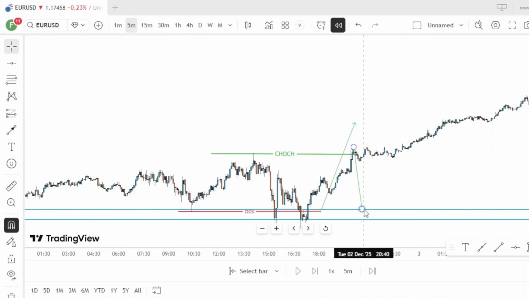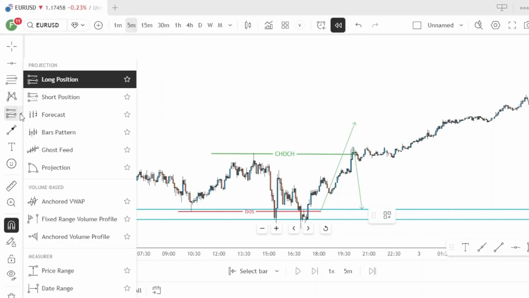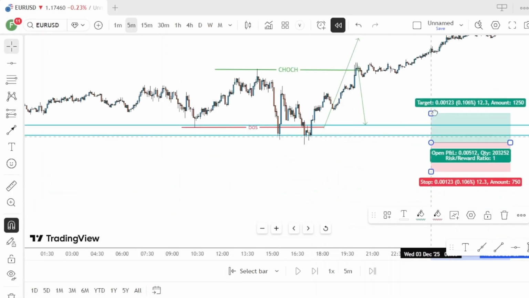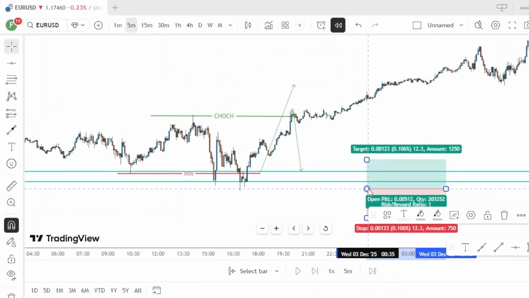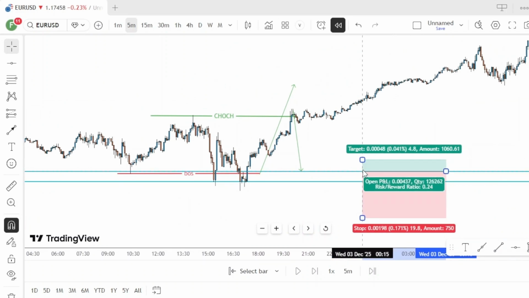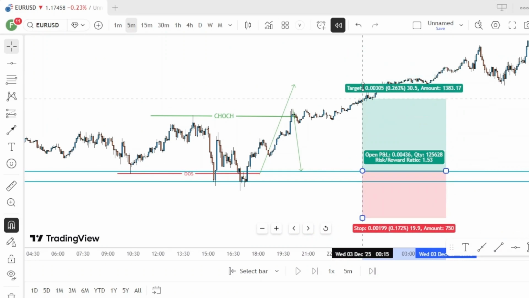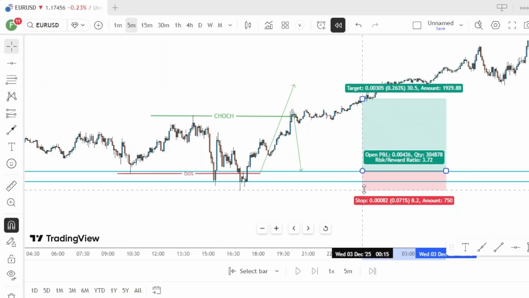That point on 5 minutes will be my entry. Then my target sometimes will be a ratio of 1 to 3 or 1 to 4, and my stop loss is very minimal. If this is my entry, then I look for a ratio sometimes 1 to 5, and my stop loss is just very low.